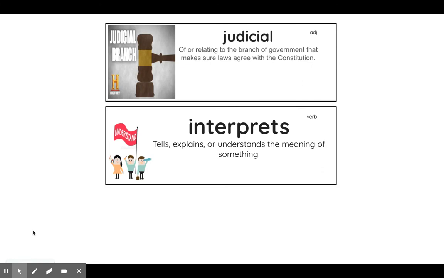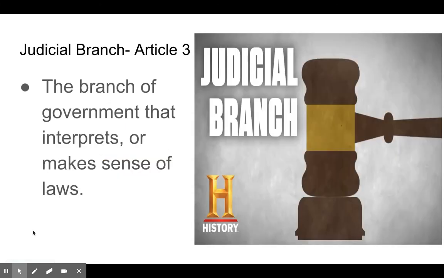The judicial branch can decide if a law is constitutional, meaning that it aligns with the Constitution, or unconstitutional, meaning it goes against the Constitution. And the Supreme Court, with 9 Supreme Court justices, interprets laws in cases that people think go against the Constitution.